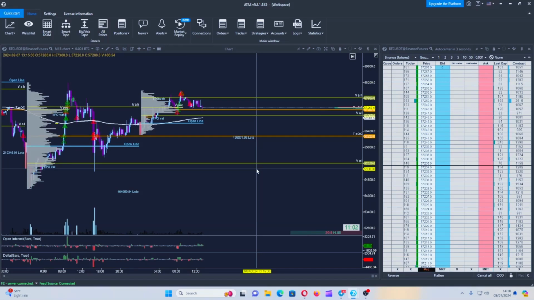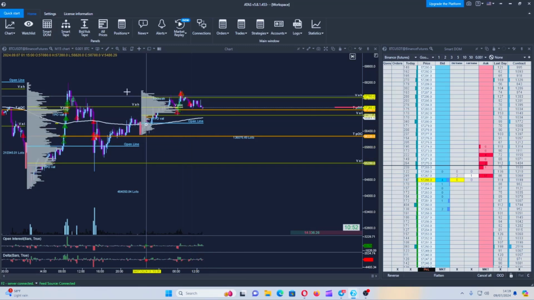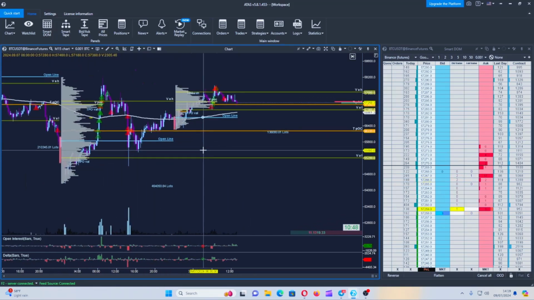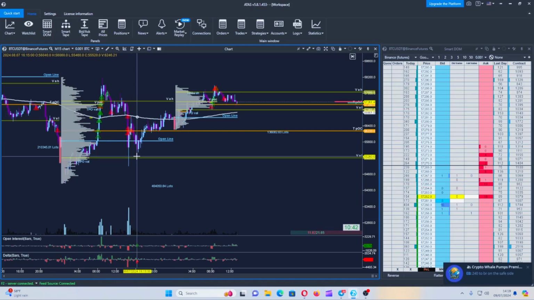Back with another one, guys, and it's just about the ATAS trading platform and the order book and the order flow tools and value area high, point of control, value area low, things like that.